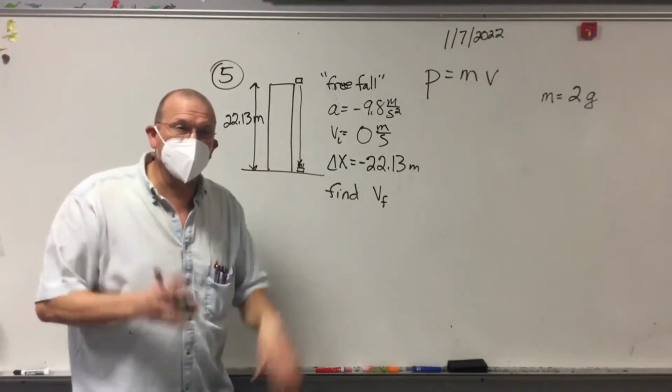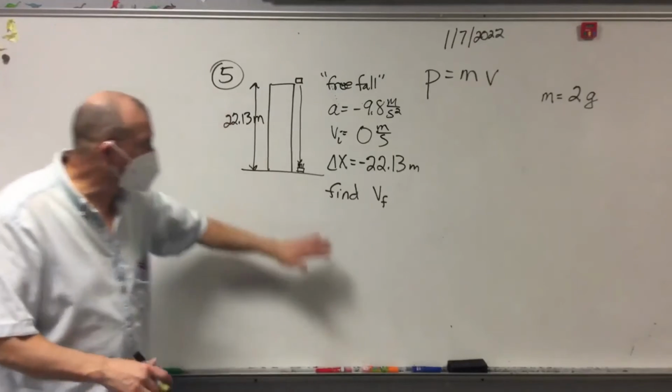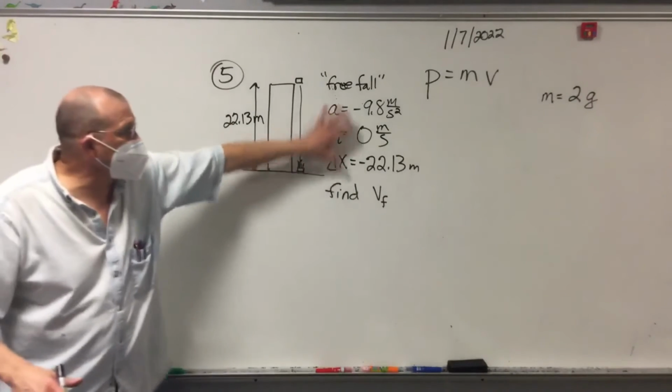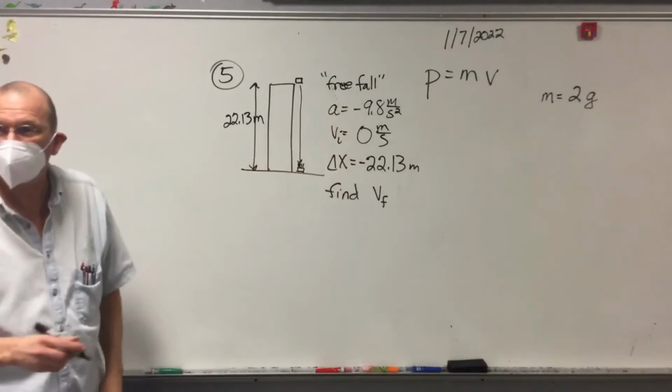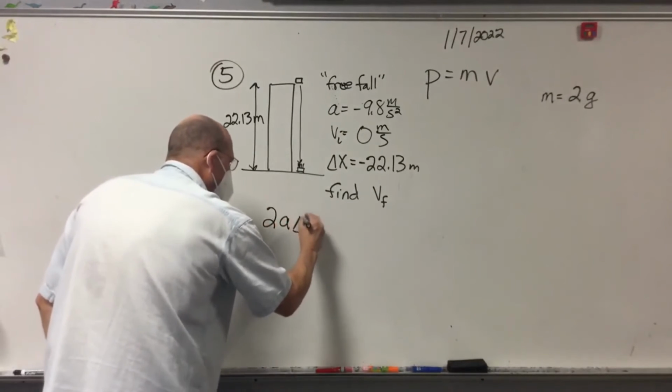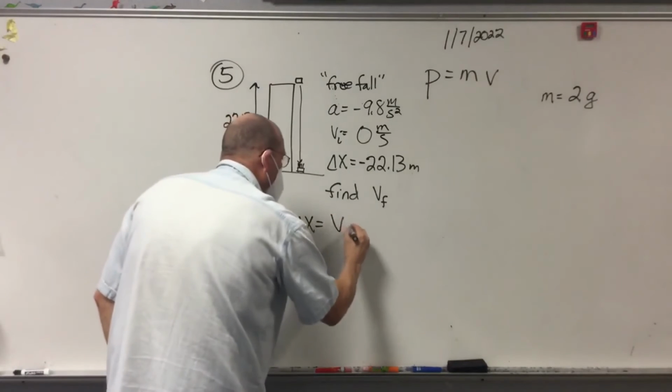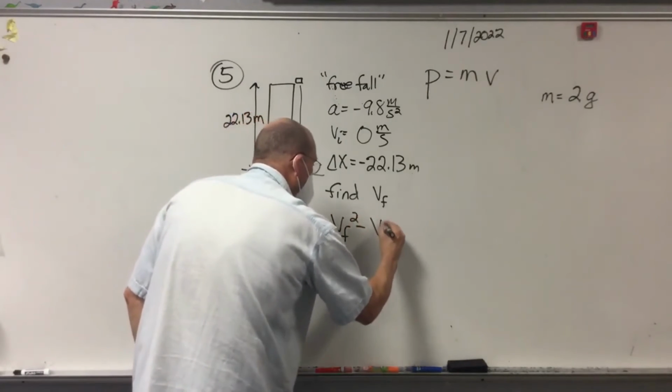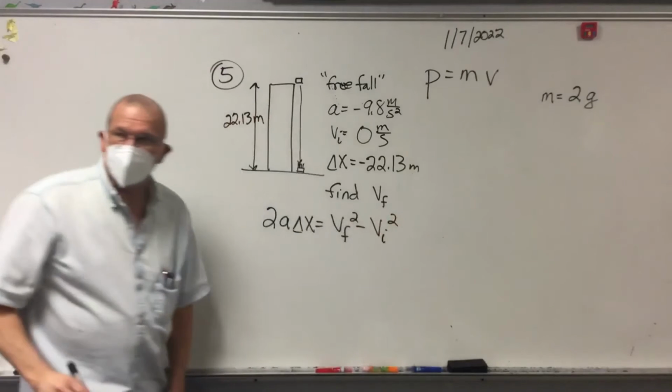But for those people who remember them or maybe are looking at them, which equation would we use to solve? Equation 4. We would use equation 4, which is 2a delta x equals vf squared minus vi squared.